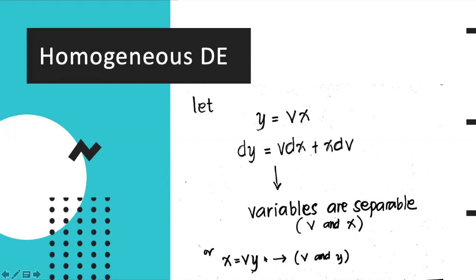You can use x when there are few number of terms, I'm referring to the coefficient, if you can imagine, sa dx, then use x equal to vy. But if the number of terms of the coefficients are equal, you can use either y or x. Usually y laging ginagamit kapag pantay lang yung number of terms. Okay, so I hope you follow.